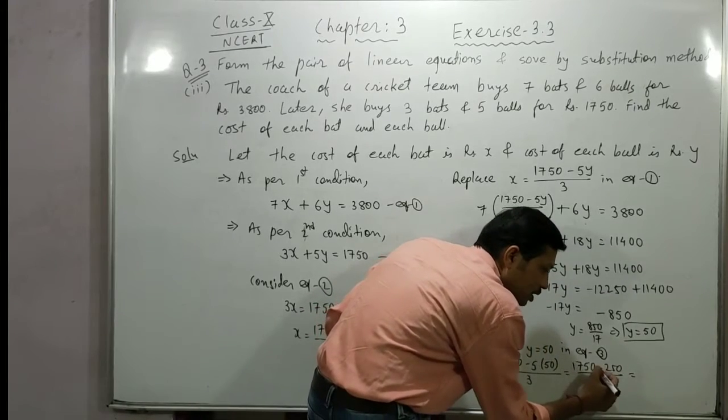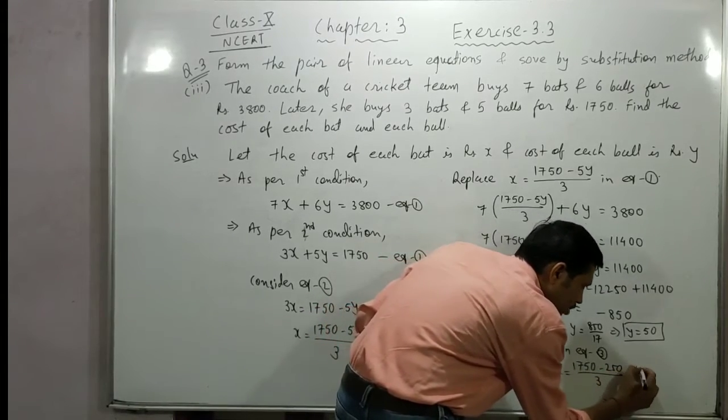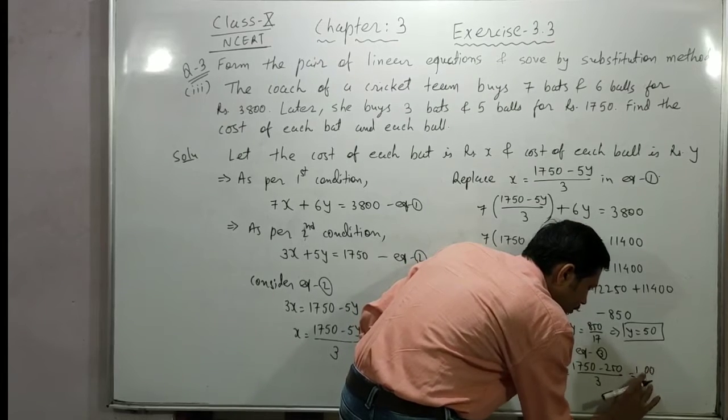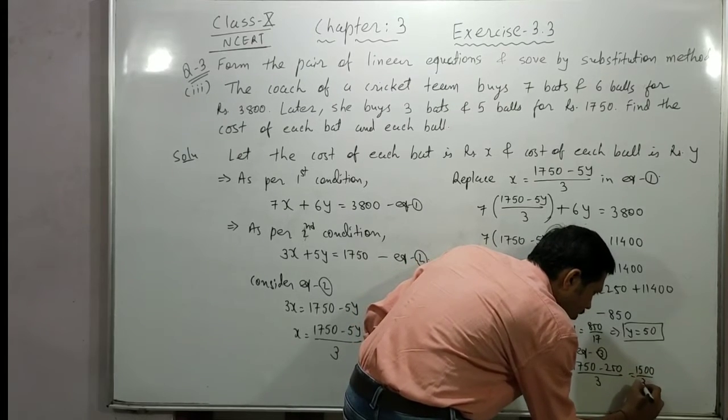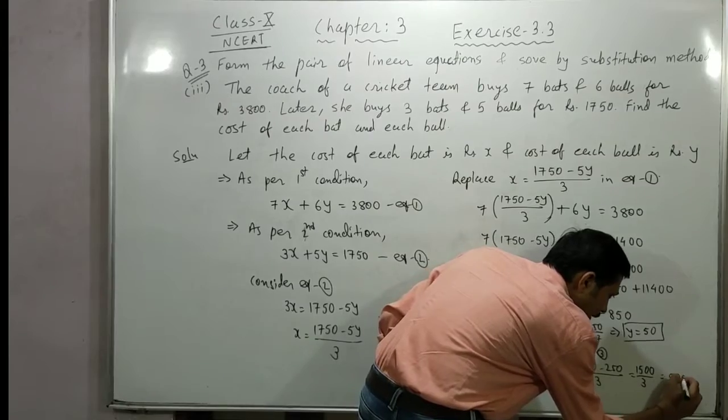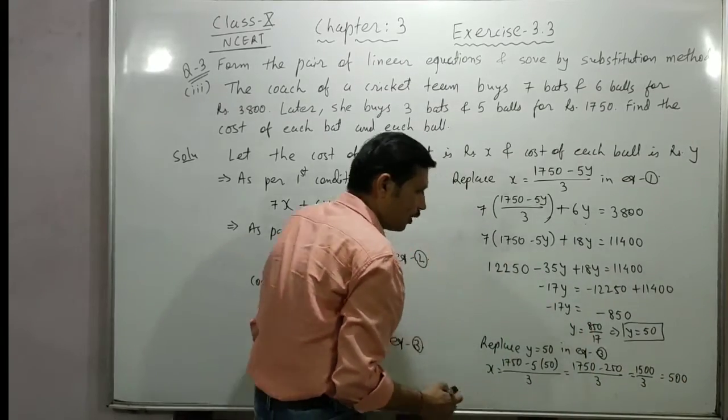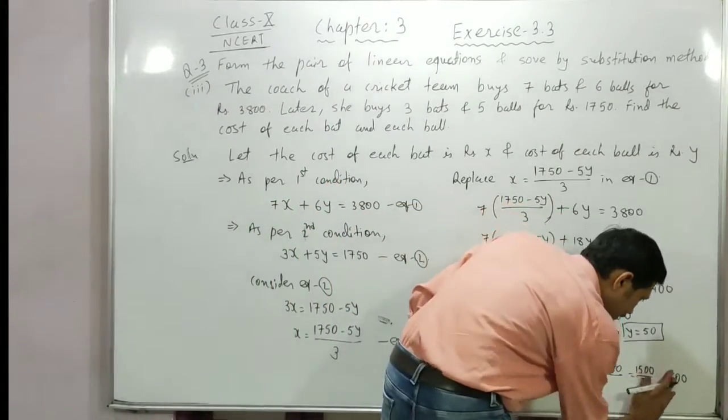When from 1750 I subtract 250, it will be 1500 upon 3. So it's 500. So the value of x is 500.